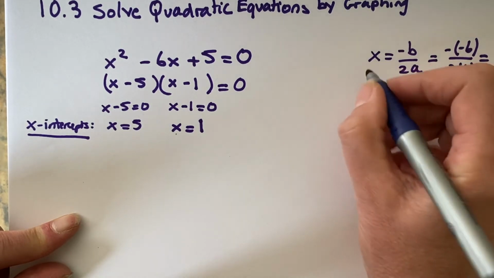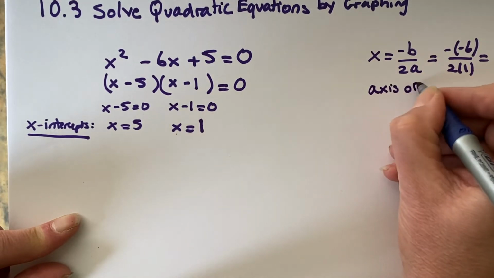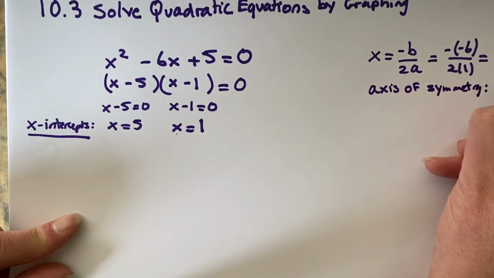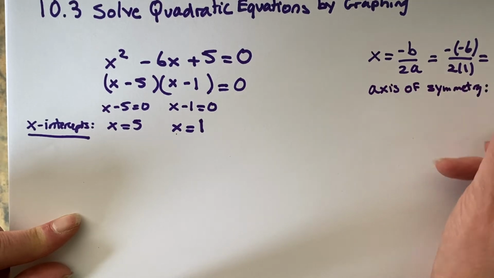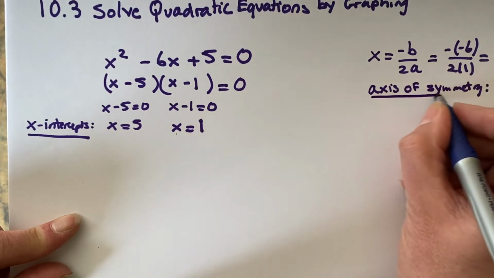So I have an axis of symmetry of x equals 3.